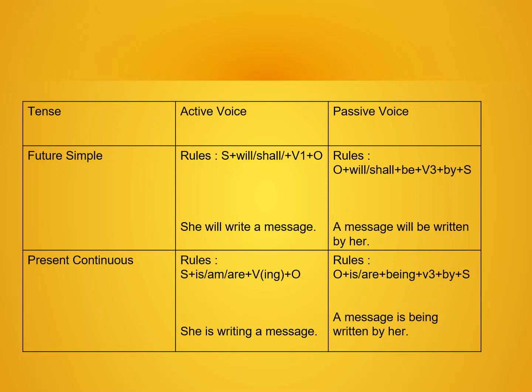And in passive voice, we use the word being, and the verb ing changes to V3, that is object plus is/are plus being plus verb 3 plus by plus subject, that is a message is being written by her. So whenever there is ing form, then we have to use the word being in passive voice.